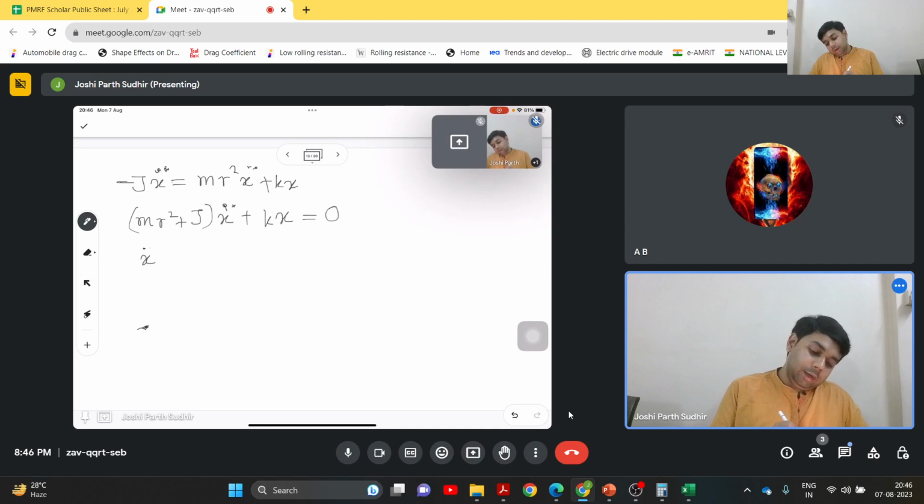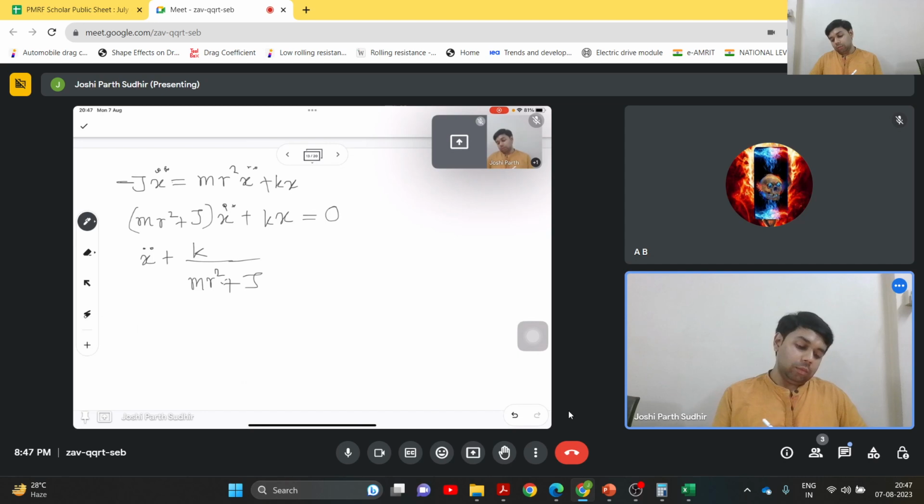So we can write it as x double dot plus k upon mr square plus J into x is equal to 0.